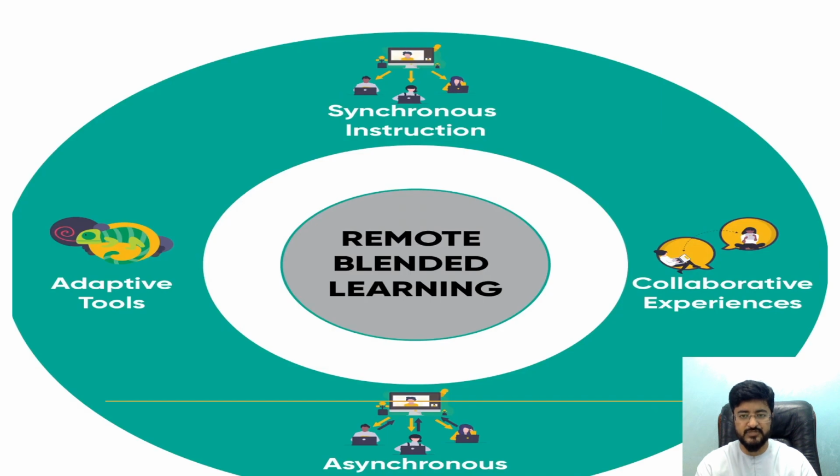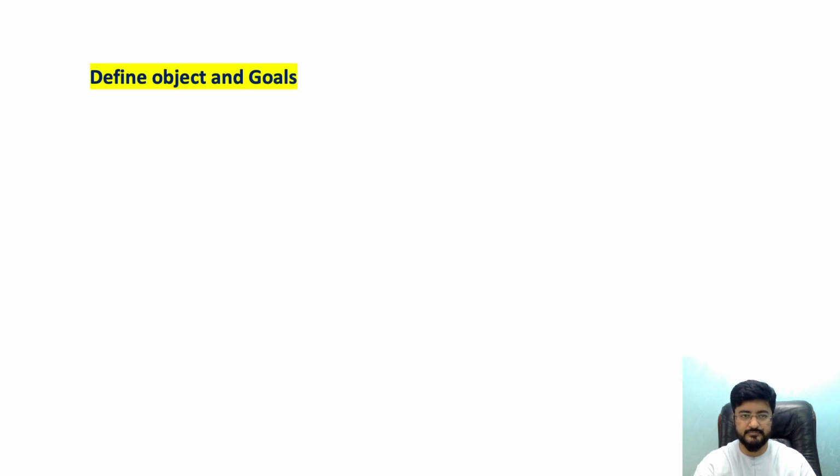Now, I'll give you some tips to develop effective blended learning strategies. Define goals and objectives. Ask yourself what skills students should learn or develop during blended learning. Define goals beforehand.